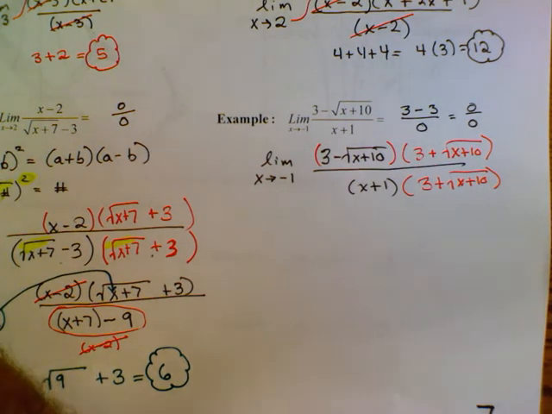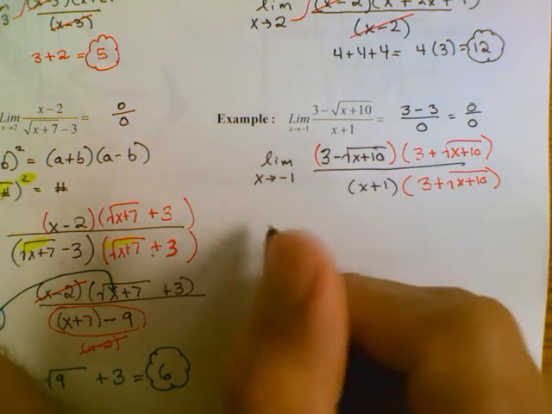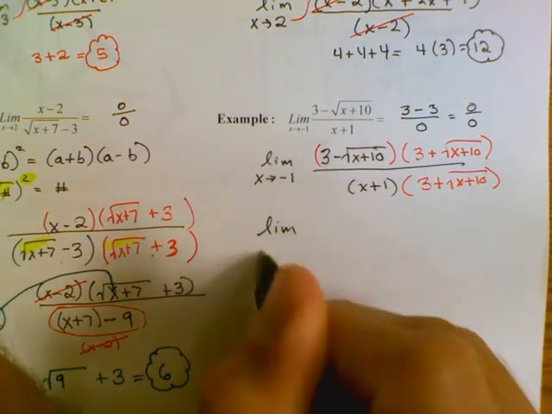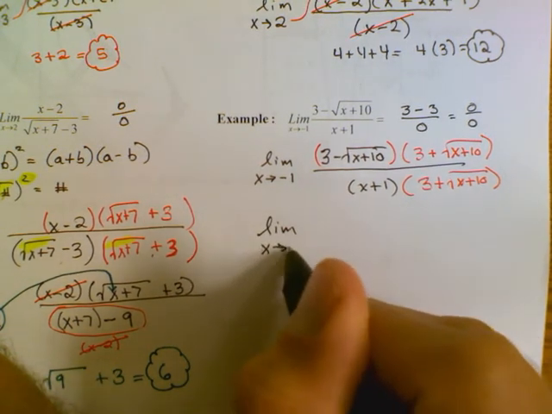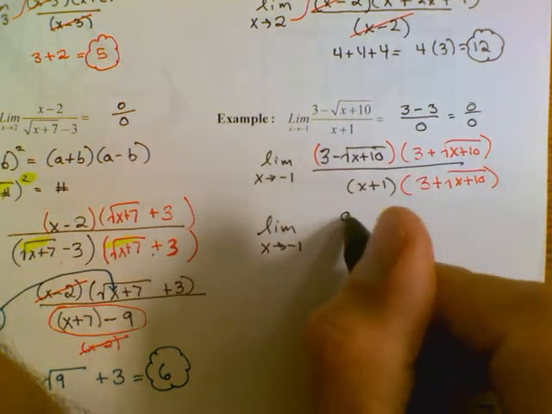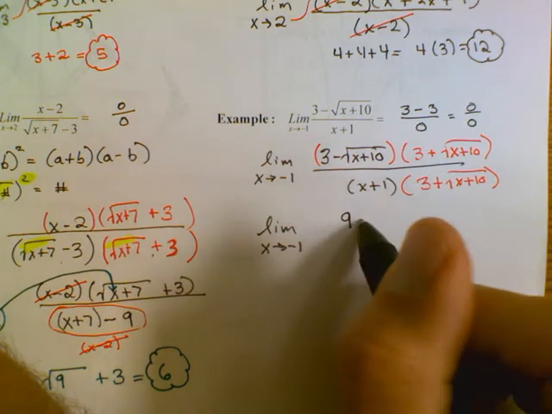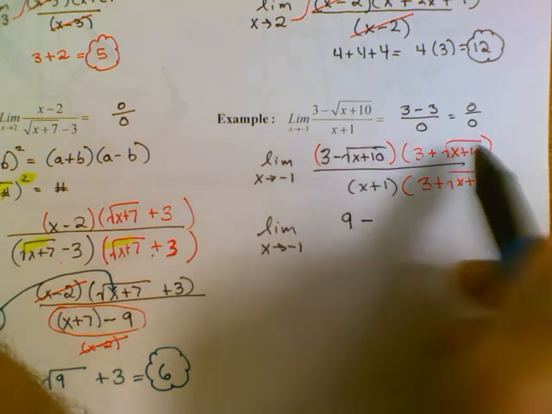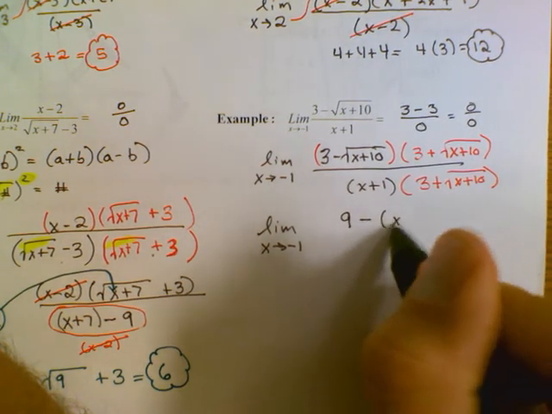All right, this is a difference of squares on top. So the difference of squares tells us that 3 times 3 is 9, so we'll write 9 minus, and then this one is going to be squared, so it's 9 minus x plus 10.